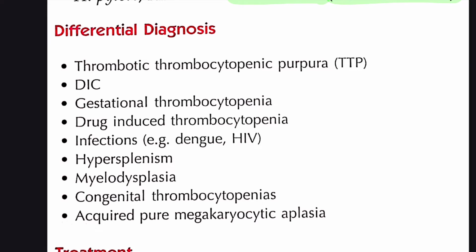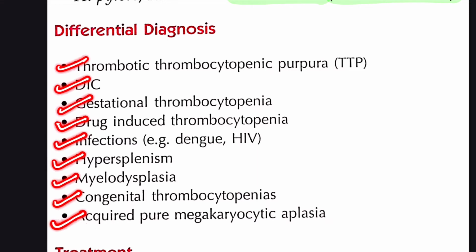Differential diagnosis includes TTP, that is thrombotic thrombocytopenic purpura, DIC, gestational thrombocytopenia, drug-induced thrombocytopenia, infections such as dengue, HIV, hypersplenism, myelodysplasia, congenital thrombocytopenias, acquired pure megakaryocytic aplasia.